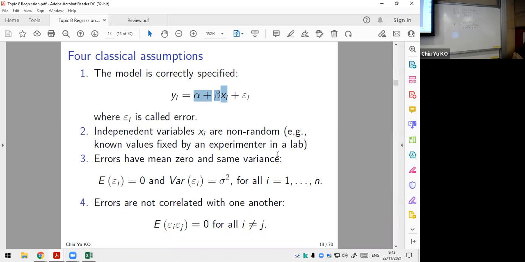And errors are not correlated with each other. So if you consider financial data, that will be problematic, right? Because each observation is a day, and day by day the errors can be correlated. If yesterday the stock market went up, it's more likely that today it goes up than down. There's a trend there.